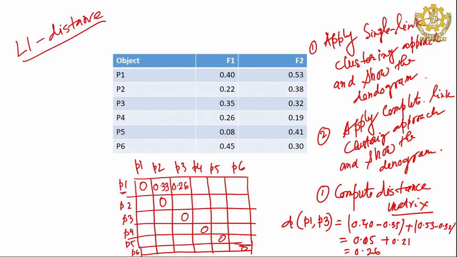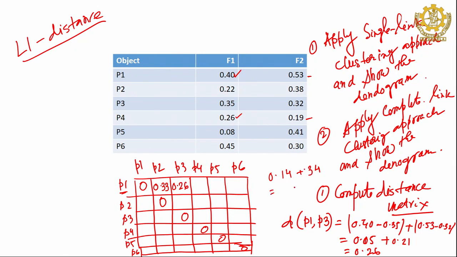Next, P1 P4. What will be the distance from P1 to P4? This will be 0.14 plus 0.34, right.